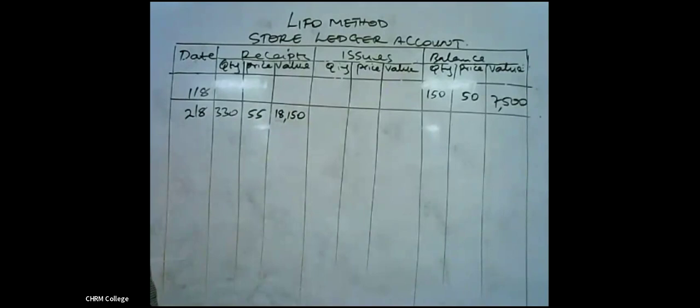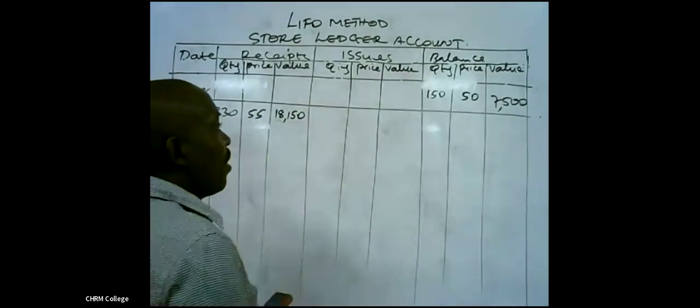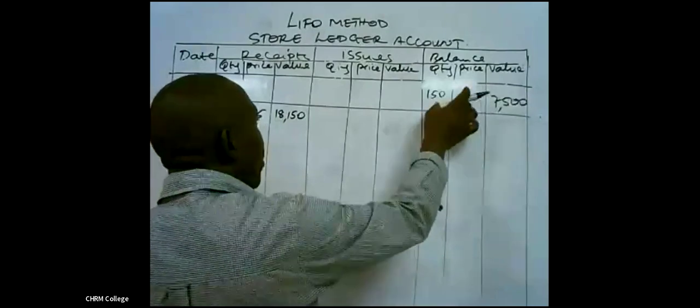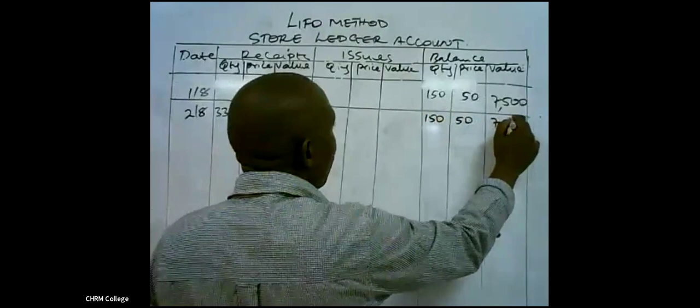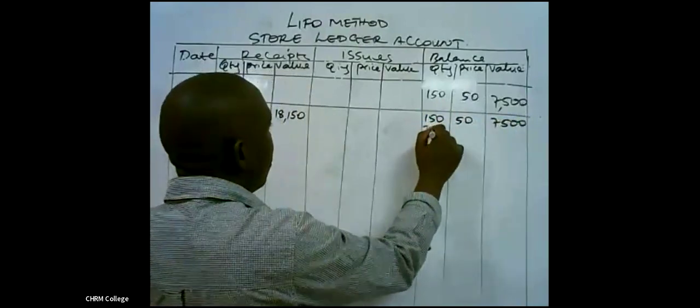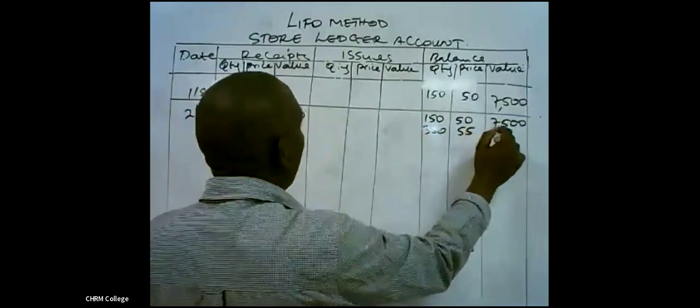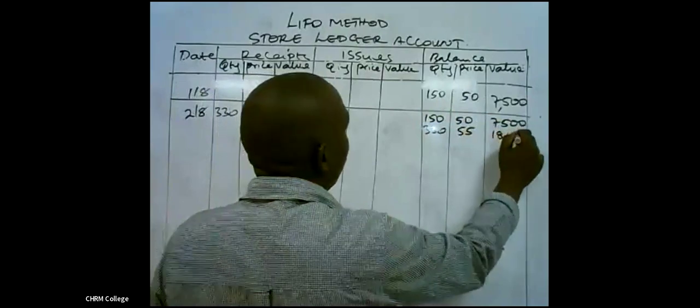The moment you receive them, you transfer them to the balance. But to the balance, we first of all capture what was already there: 150 at 50, that is 7,500. We have received 330 at 55, that is 18,150.